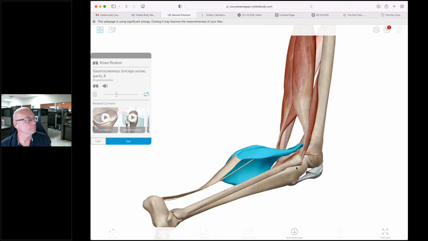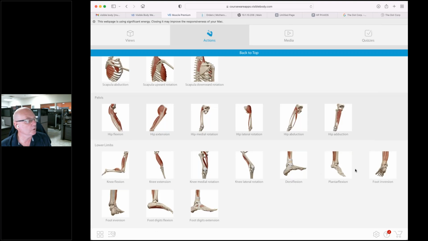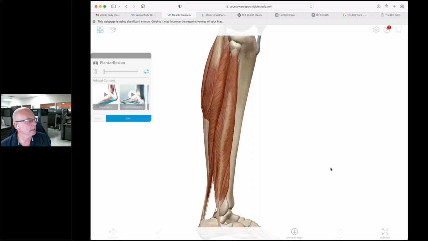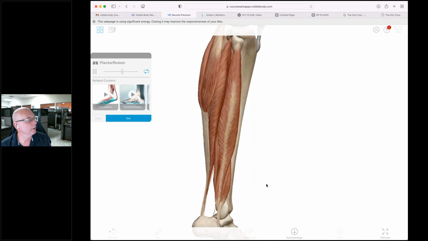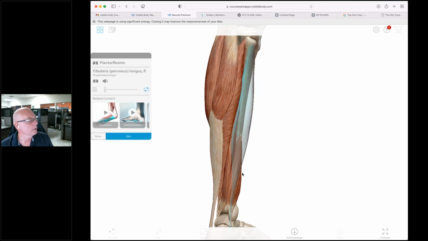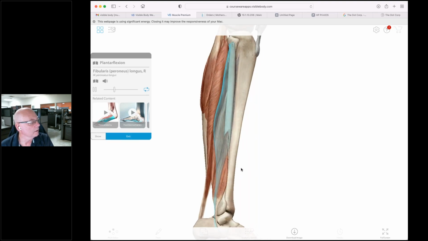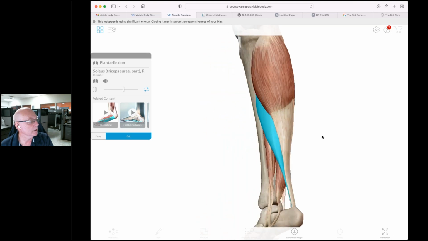Okay, exit that, and we'll go to flexion as an action. Oh my goodness, look at all the muscles. But really, all we're concerned about, there's the soleus and gastrocnemius.